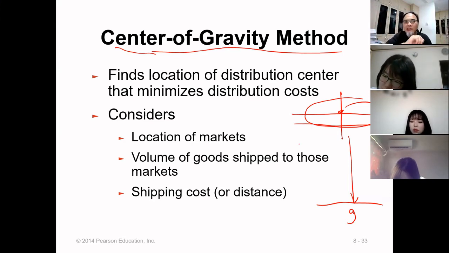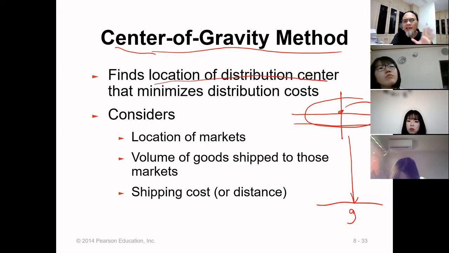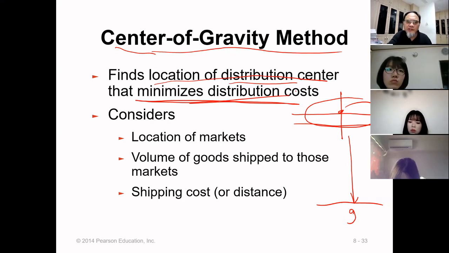Center of gravity. So we want to find the location of a distribution center, or for that matter any facility, that minimizes the distribution cost. This problem only considers the location of markets, or locations in which you're going to service the customers, and it depends on the volume of goods shipped to that market.